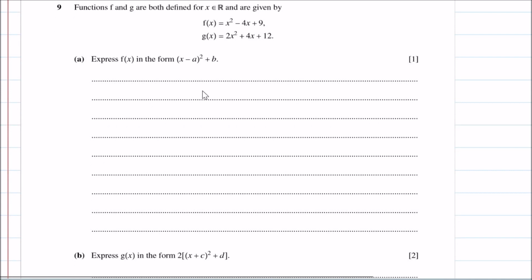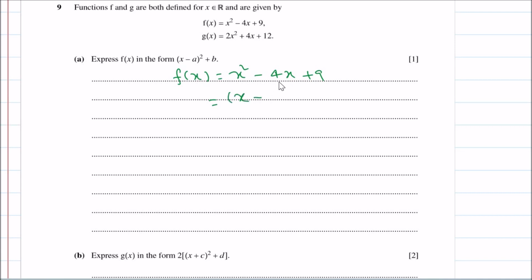So fx is equal to x square minus 4x plus 9. So what we need to do?